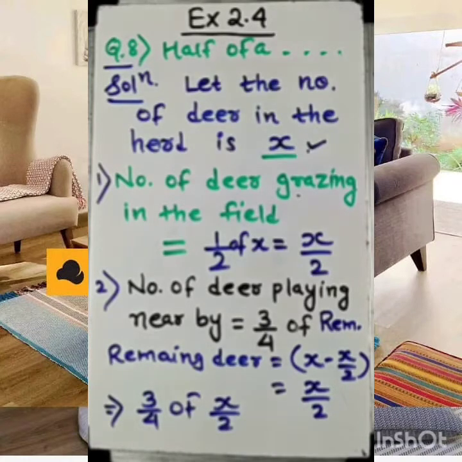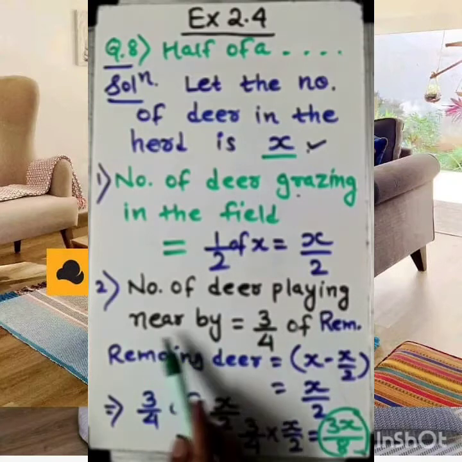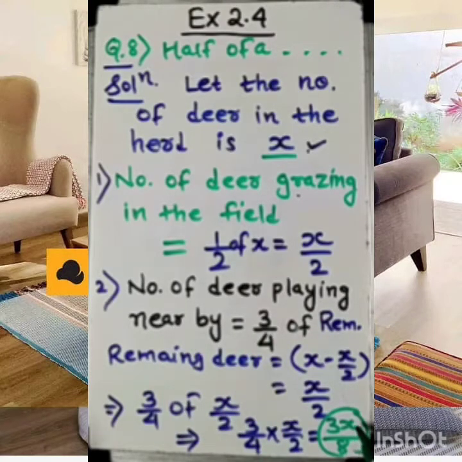If I simplify it, I can write it as 3 by 4 into X by 2. So in the numerator it is 3x, and 4 times 2 is 8. So the number of deer playing nearby is 3x by 8.